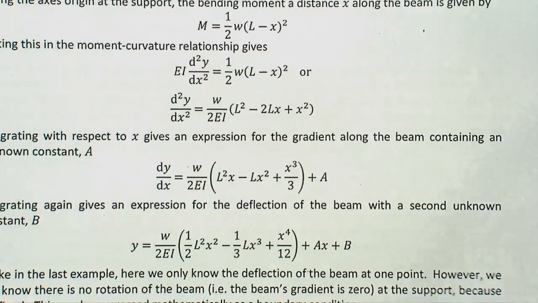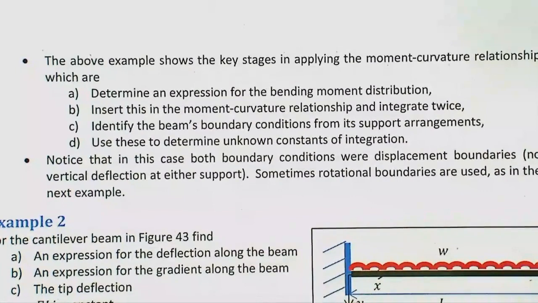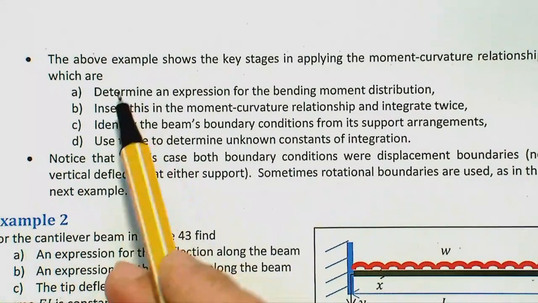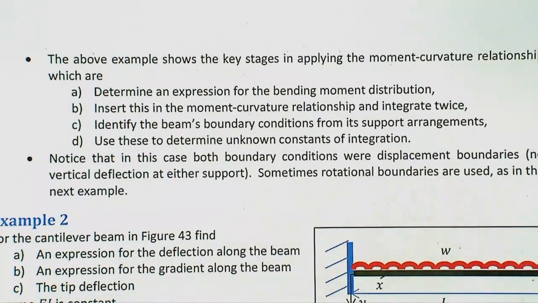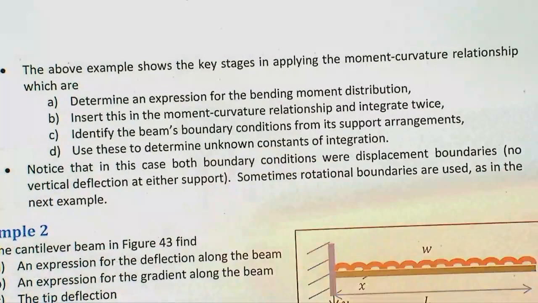So the process to summarize is as follows. First, determine an expression for the bending moment distribution. So take a distance x and write down the value of moment at x. Now, x is important here because we are treating moment as a variable across the beam.